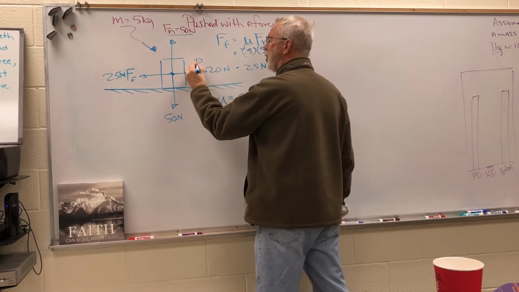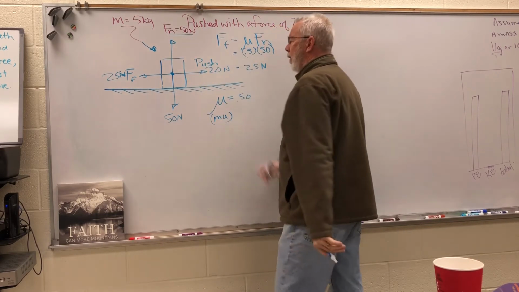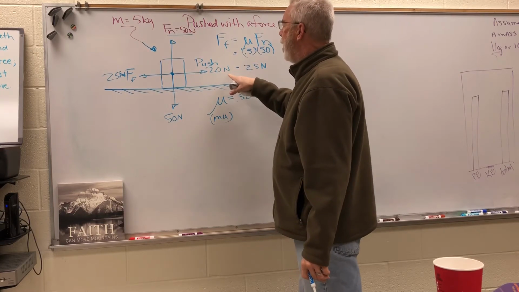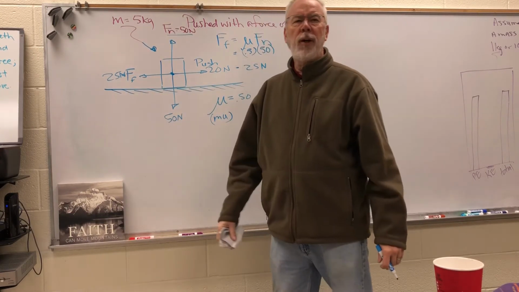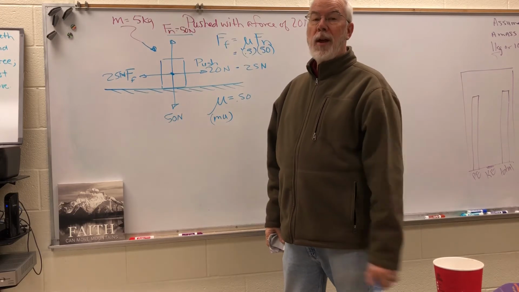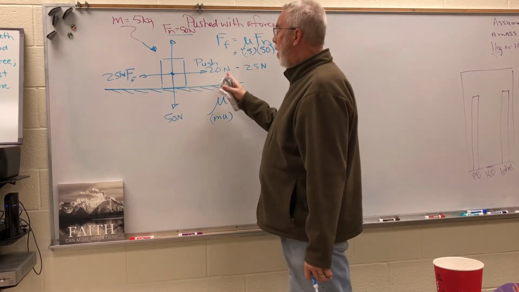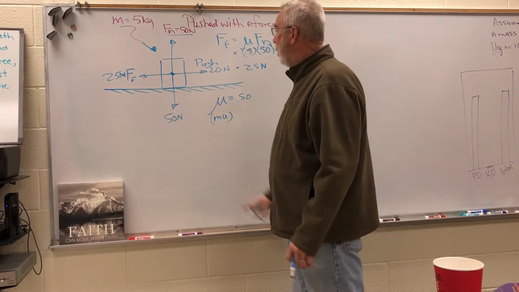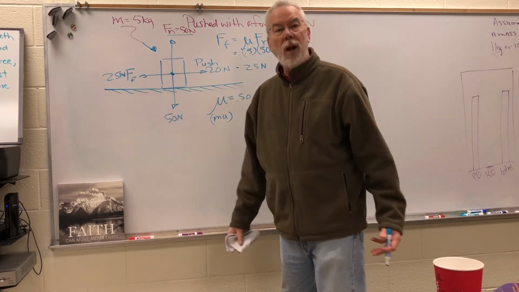Well, we're only pushing with a force of 20. Do we have a large enough force to overcome the friction? The answer to that is no. If that frictional force is greater than the force that we have applied, the object's simply not going to move.